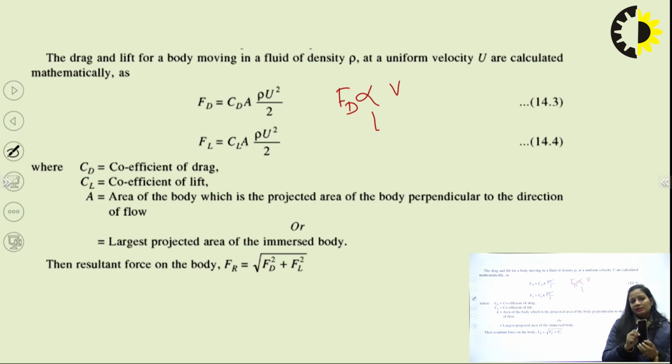But when we place the phone like this, with the moving fluid in this direction, the projected area is less than before, so obviously the drag force will be less. So the drag force also depends upon the projected area, so you can say it also depends upon the surface area.